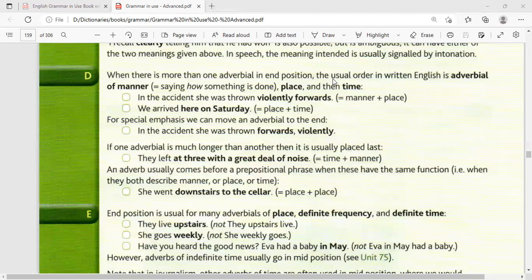The adverbial of manner. Yeah, so we started with adverbial of manner, and then forward. It's adverbial of place. Yeah, so we started with manner and then place.